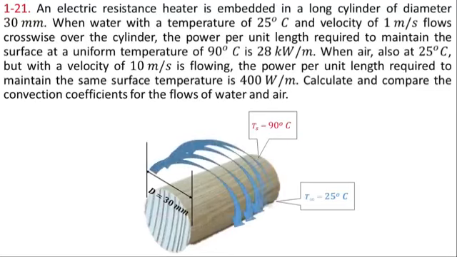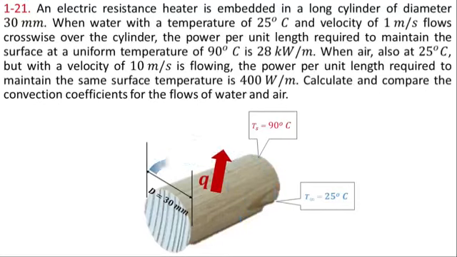We have to determine the convection coefficients for water and air. This will be the direction of heat transfer, that heat will transfer from cylinder to the fluid. In first case, remember, fluid is water, and in second case, the fluid is air.